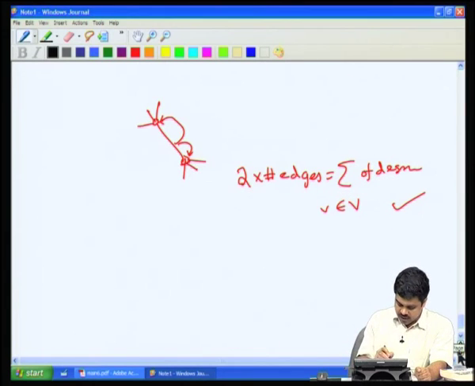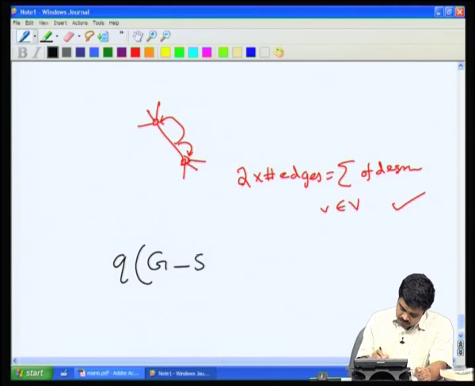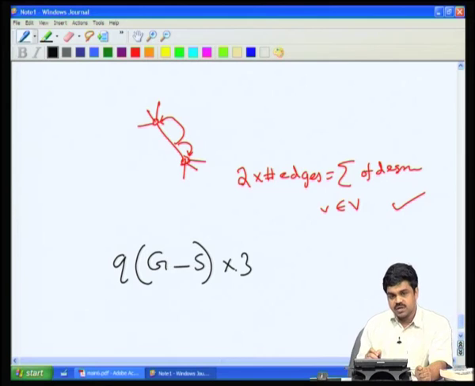So, therefore, we get Q of G minus S into 3 edges going into S, but then S should accept all these edges, but each vertex of S can take maximum 3 edges, because anyway it is a 3 regular graph.